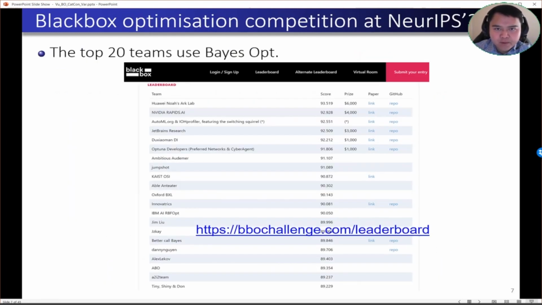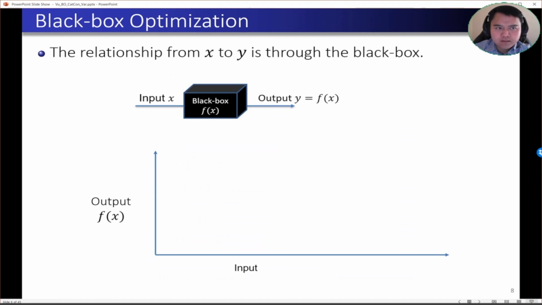Recently at NeurIPS 2020, there was a Blackbox optimization competition, and the top 20 winning teams were all using Bayesian optimization. You can see that Bayesian optimization is currently the standard method for Blackbox optimization. In Blackbox optimization, we consider the relationship from input X to output Y as going through the Blackbox.